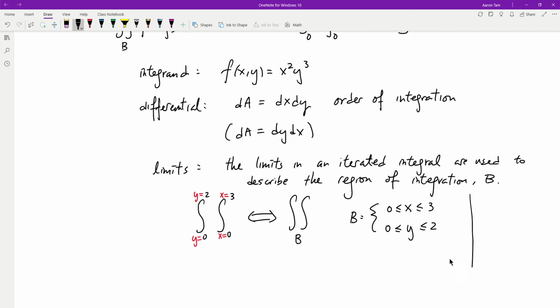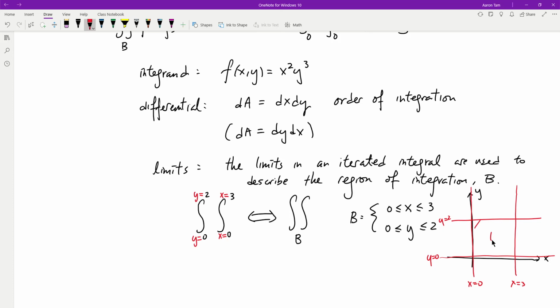And so now I can actually try to draw out what B looks like. So here's a very simple picture of B. So x equal to 0 is this line. x equal to 3 is this line. y equal to 0 is this line. And y equal to 2 is this line.